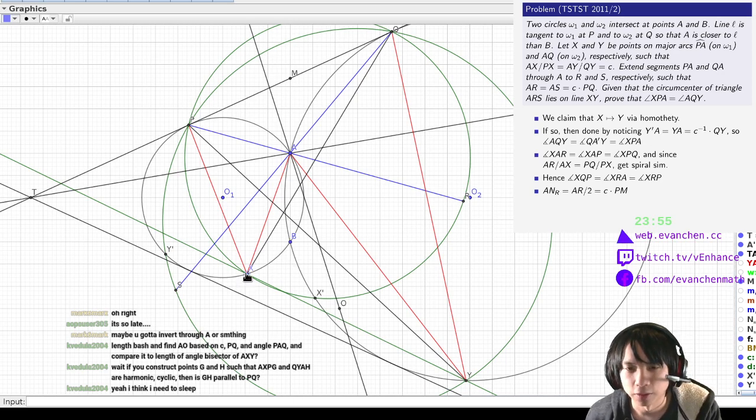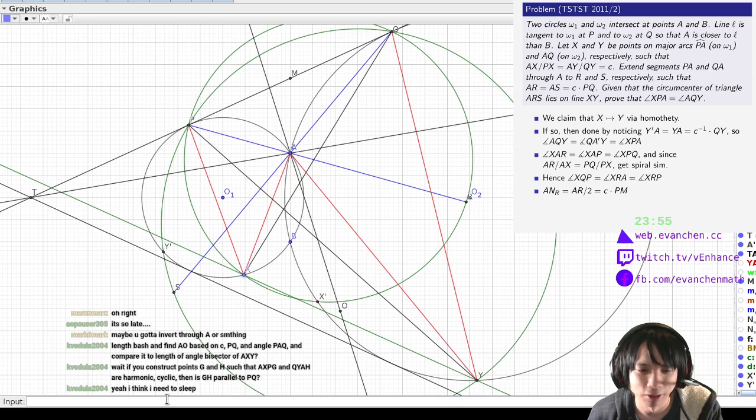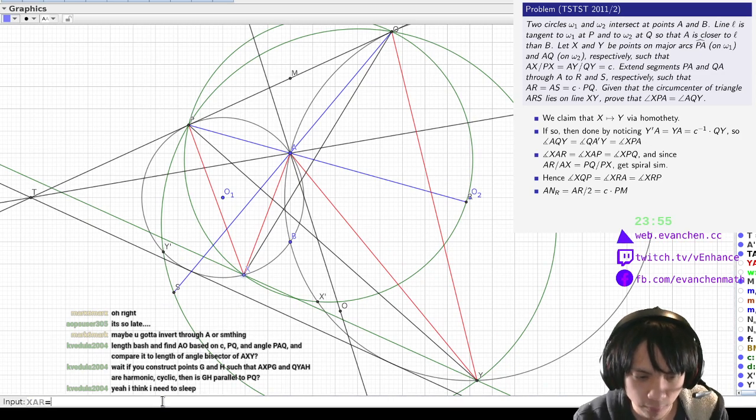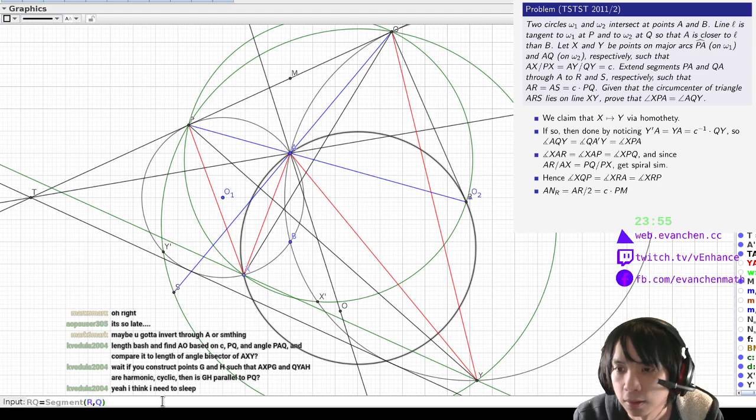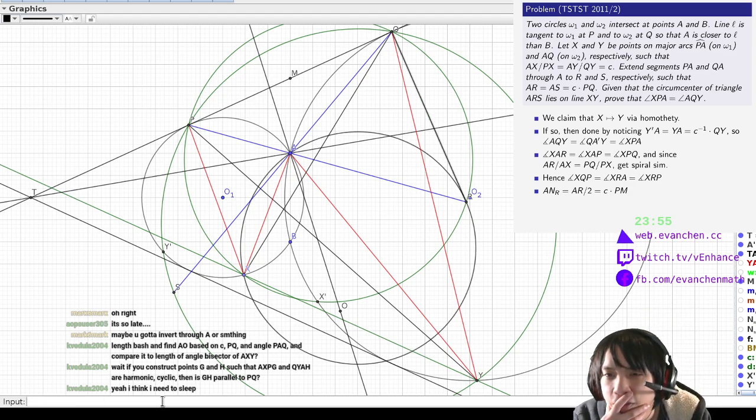In fact, I want to draw XAR again. So this is the property that I think RQ should be tangent to this as well. I don't know if that does anything.